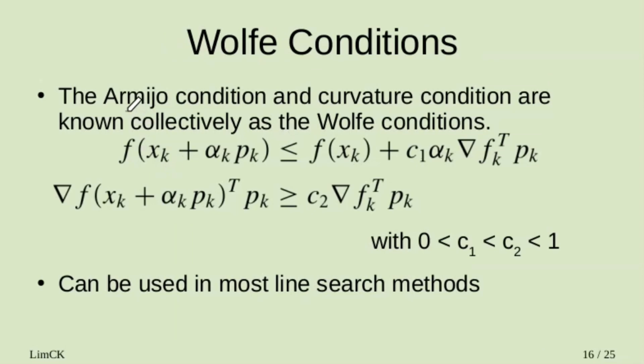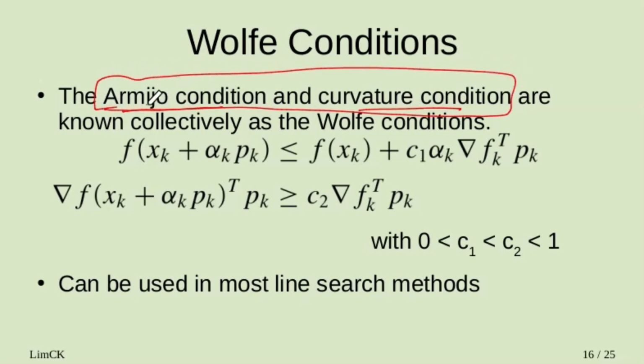The unusual condition prevents small reduction in cost function, and the curvature condition prevents small steps. So we can combine these two to form a more complete requirement on how to choose alpha. The combination of these two, we call the Wolfe condition.